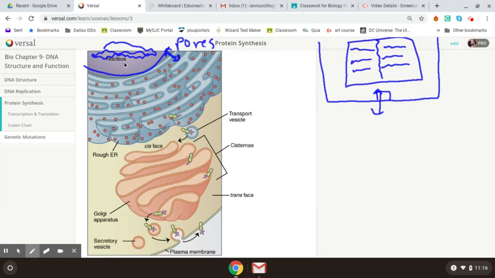So that's number one. Now, let's say that we want to make an antibody. That antibody is a very small portion of the DNA, and we'll indicate that by putting a little red line. That little red line is the portion that is responsible for the instructions for the antibody that I want.